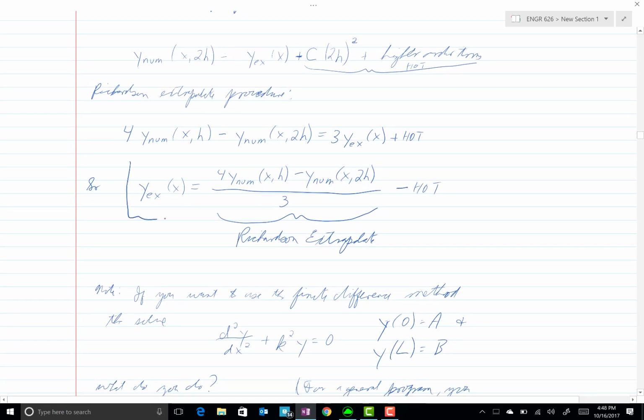So this is the part we want right here. So the way that would translate for what we're doing, we have 4 minus 1 over 3, okay?